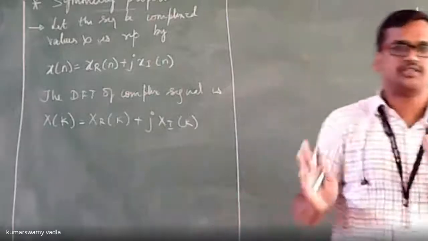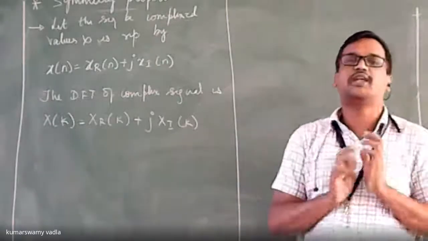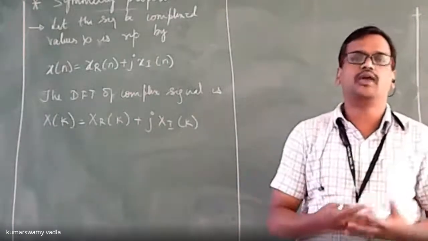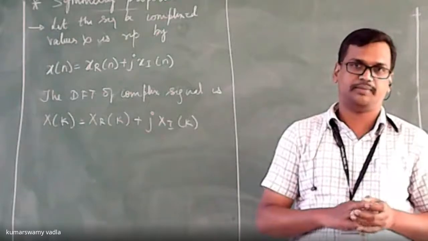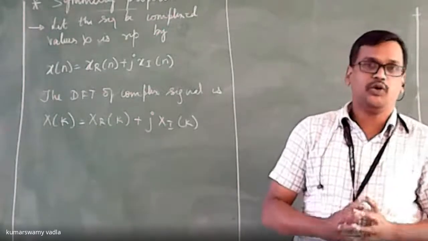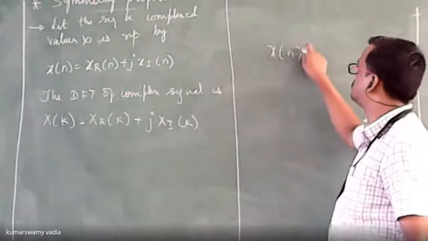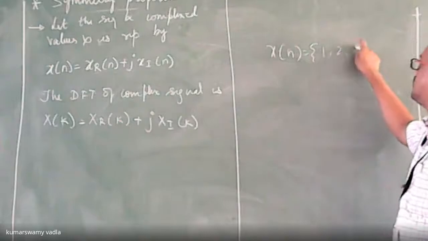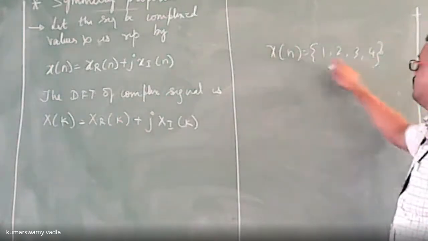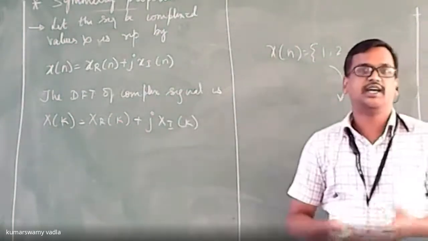Let me pause writing down here. Let me tell you what is this derivation, why we are going for this derivation, first of all. Till now, you saw that given a sequence x of n is equal to 1, 2, 3, 4, you found out its DFT.